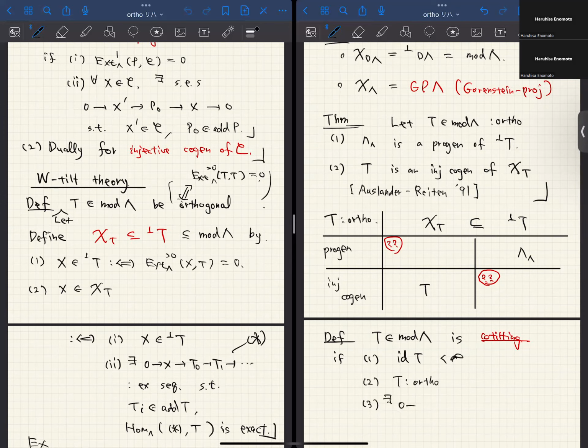It says that there exists a finite exact sequence which resolves the injective cogenerator D lambda.